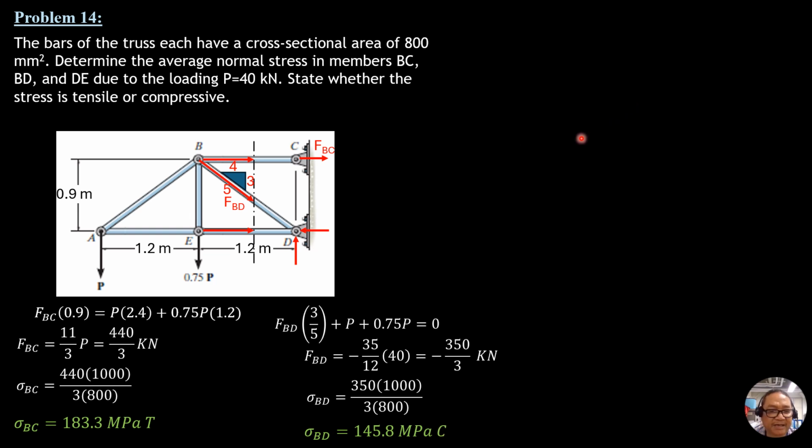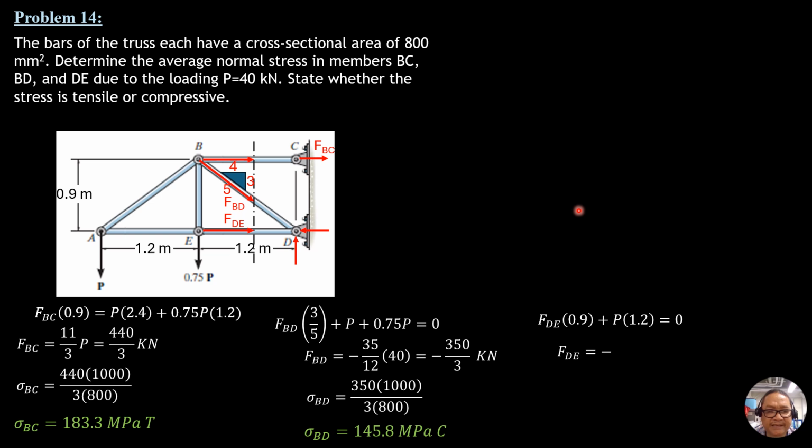Then for the stress in DE, this is DE. So this is the force in DE shown. We can compute that by summing up moments about B. So FDE times 0.9 plus P times 1.2 equals 0.